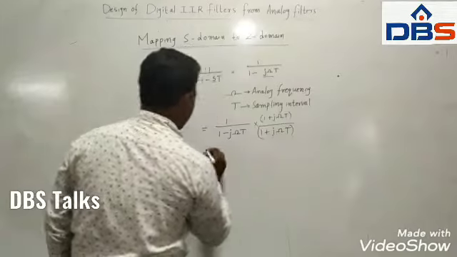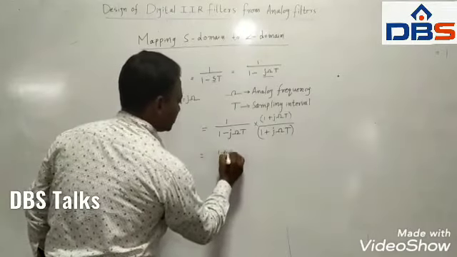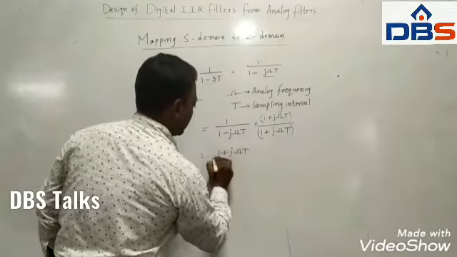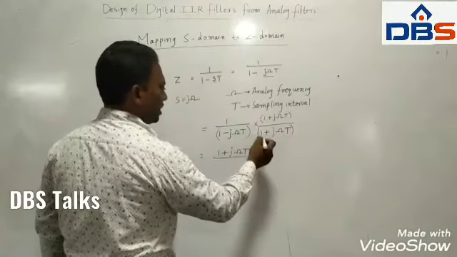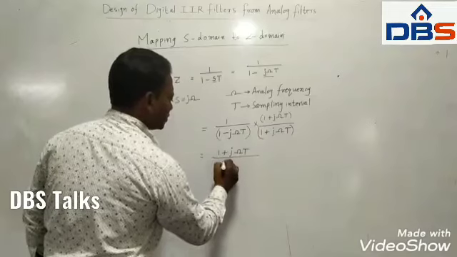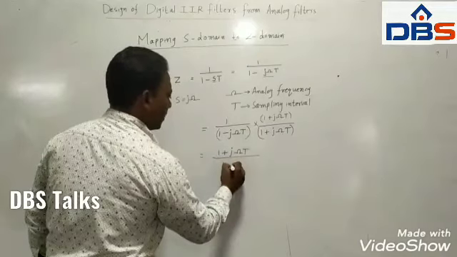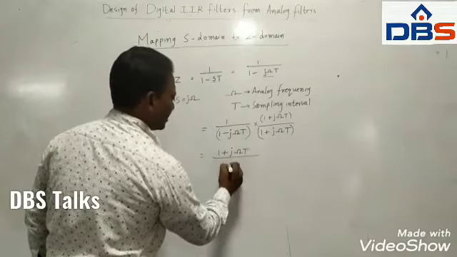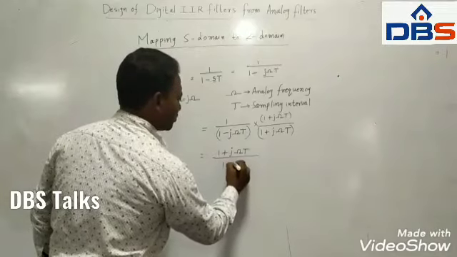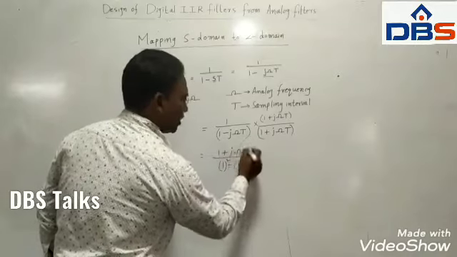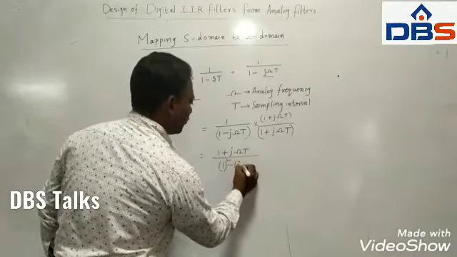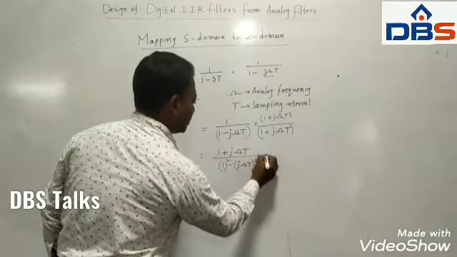Then what you will get is 1 plus j omega T divided by, in the form (a plus b)(a minus b), a square minus b square. So a square is 1 square minus b square, and I will write j omega T whole square to avoid confusion.